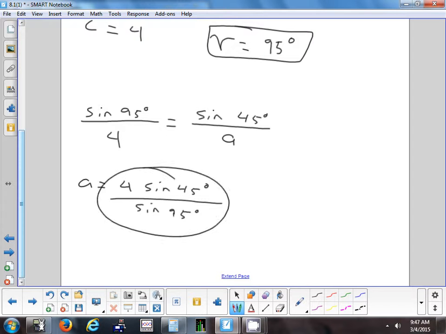If somebody can figure out what that decimal is, I'll set up the second part. The second part, you're going to use the same left-hand side as before. Sine of 95 over 4. Except what's going to go on the right-hand side this time?